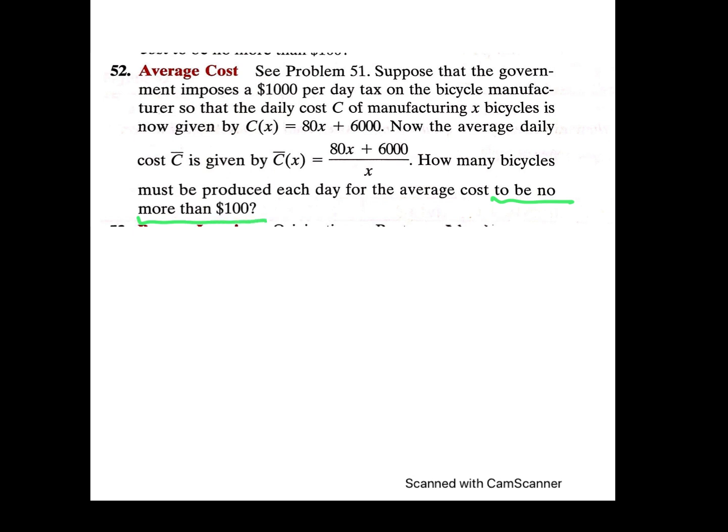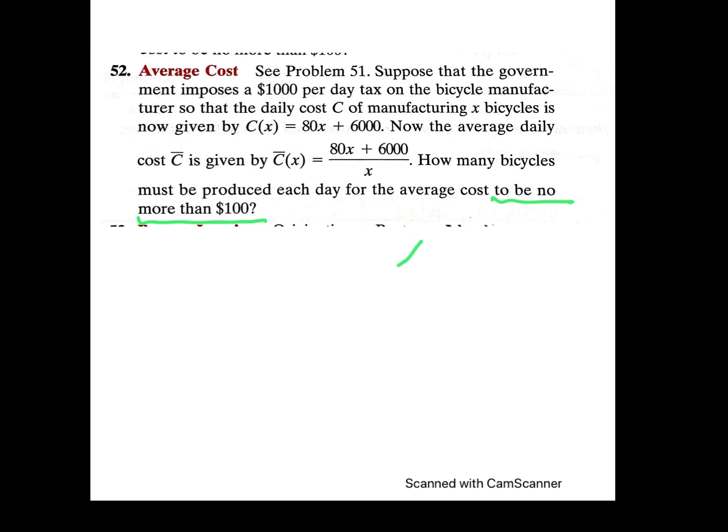All right? Now, your example in the lesson does this with a gravity problem. But the problem in the exercises doesn't do this, and I'll show you what the difference is. But this says no more than $100.